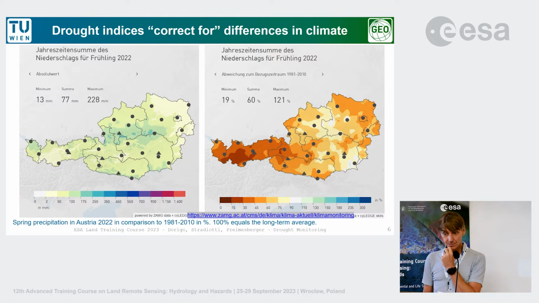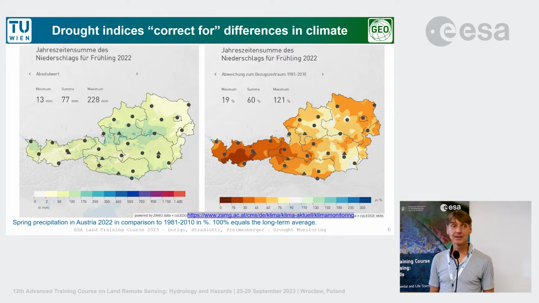So yeah, if you want to quantify drought, you need to correct for differences in climate. This is spring 2022 in Austria, and you can see the absolute amounts of precipitation, ranging from 30 millimeters to 228.